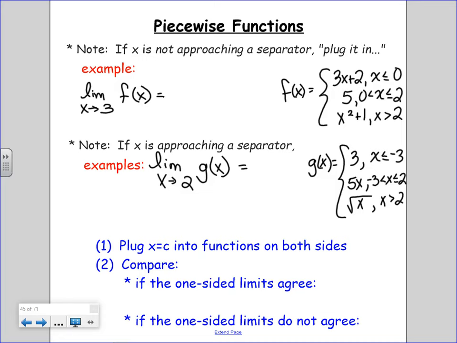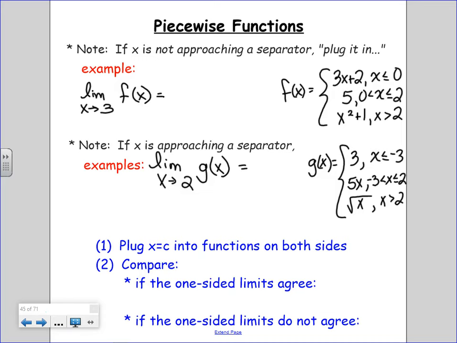That's not realistic, because we don't care about what the driver's doing way before he decided to meet his friend. We're caring right before the split instant, what's going on right before and right after x equals 3.